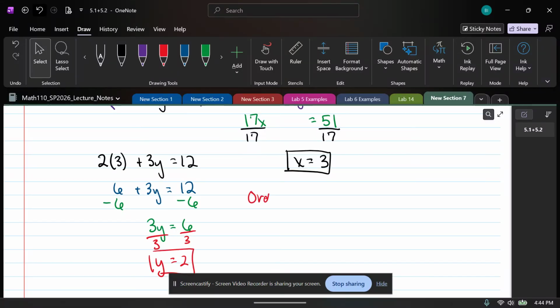So my ordered pair, 3, 2. So elimination works out really nice if you got x and y on the same side already.